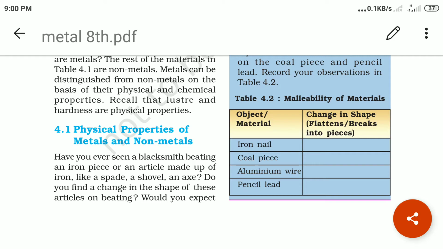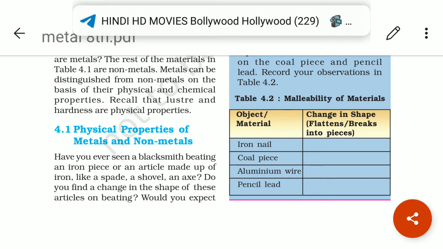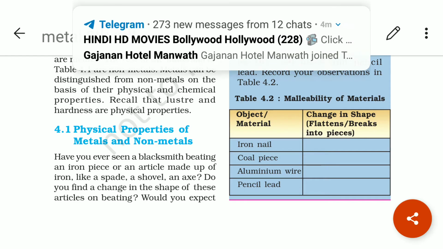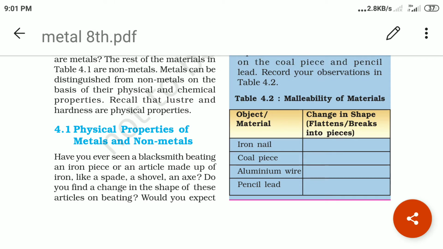That iron nail flattens on beating. When we are beating a coal piece, it breaks down into small pieces when we apply force on it. Aluminium wire flattens. Pencil lead breaks into pieces and is converted into powder.